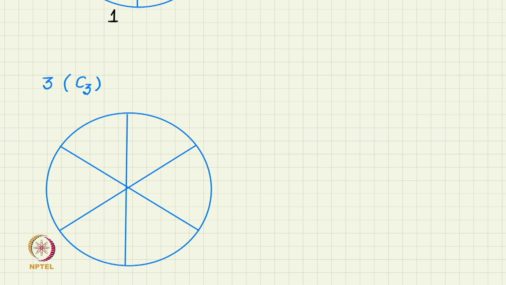And then I start with a general position. And my job is to rotate by 120 degree, because three-fold rotation is equal to 360 degree by 3, 120 degree rotation.